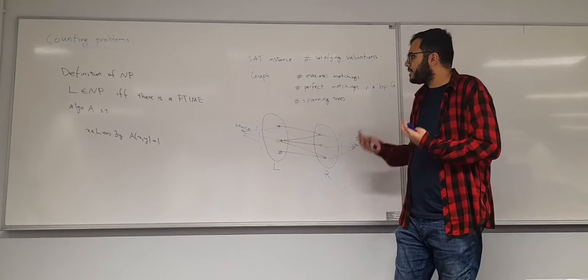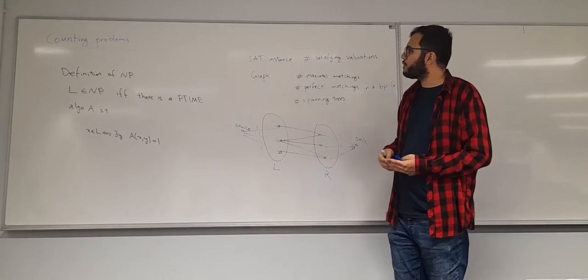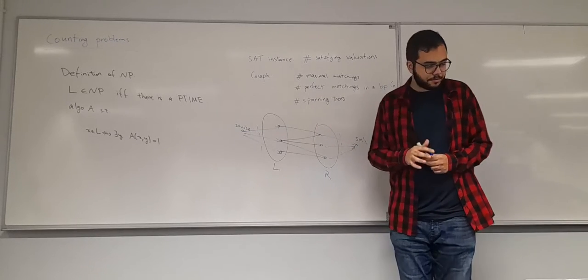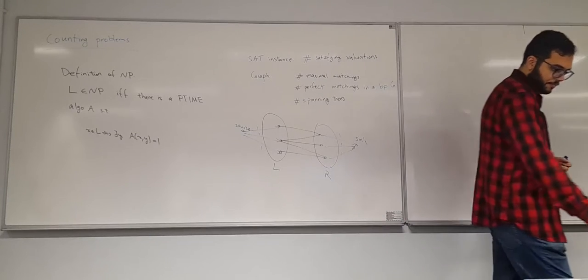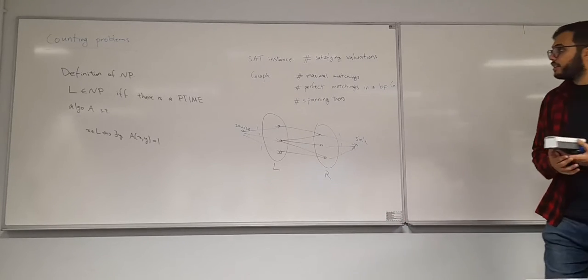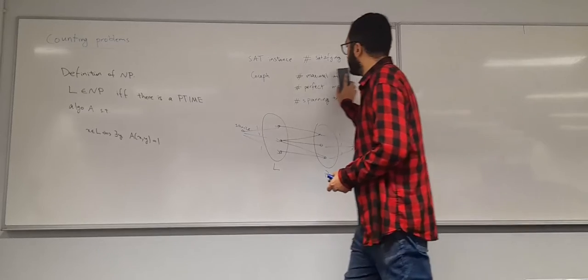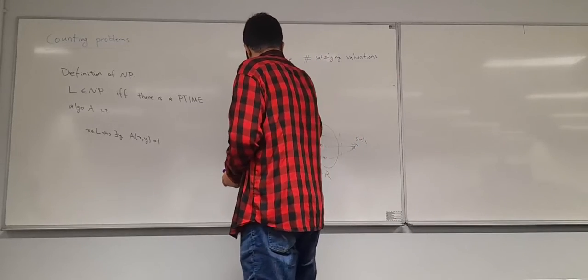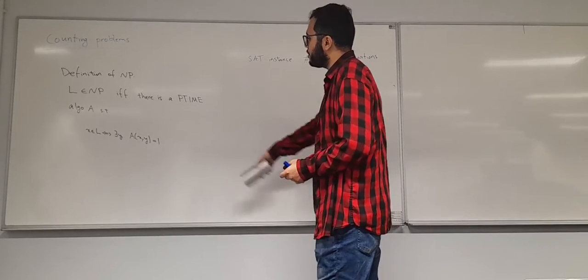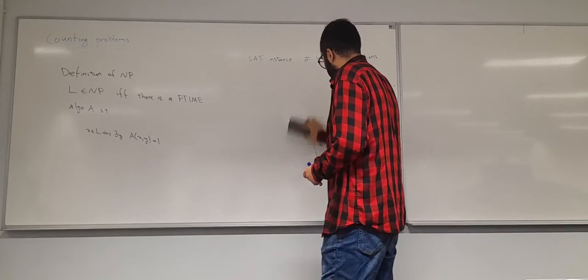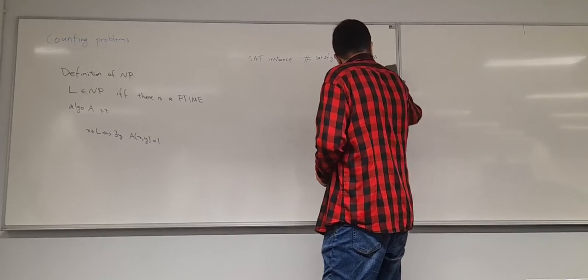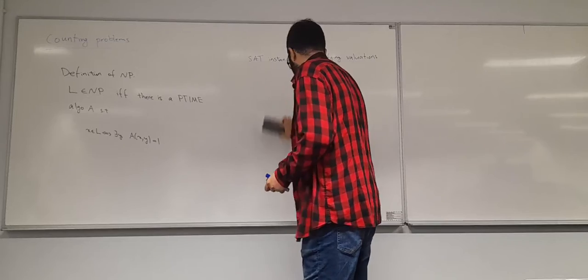These are not really the same problems. So we're going to focus on the counting variant. I'm going to use this definition and this particular problem. I will get back to the other problems later.